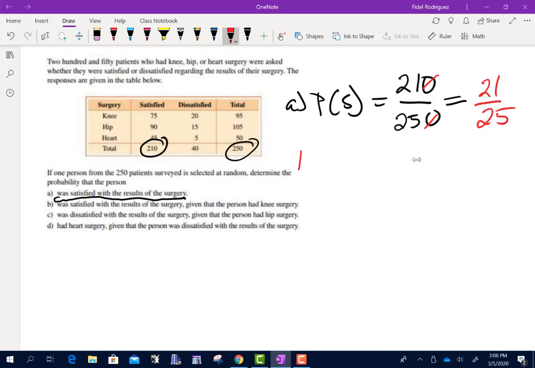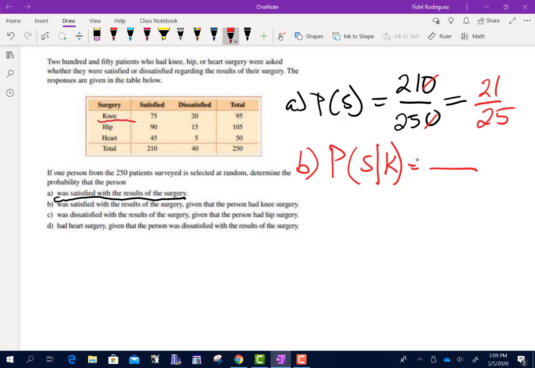Now let's take a look at part B. Part B says, what's the probability that the person was satisfied with the results given that the person had knee surgery? So we're looking for the probability that they were satisfied given that they had knee surgery. So what I want to do is say, okay, how many people in total had knee surgery?